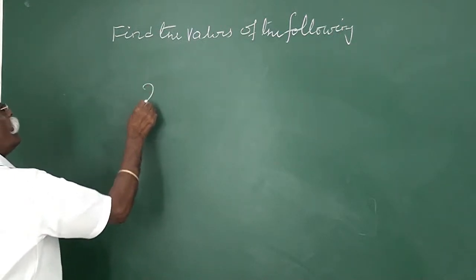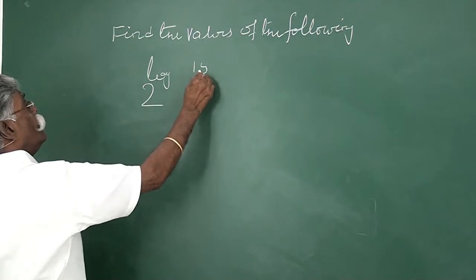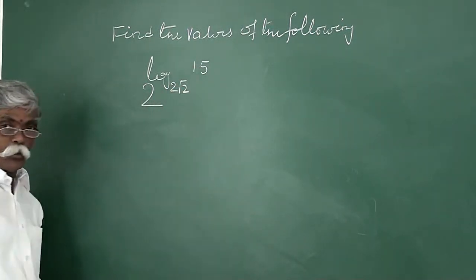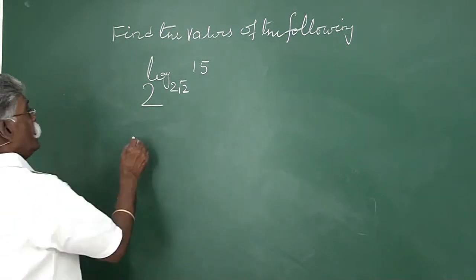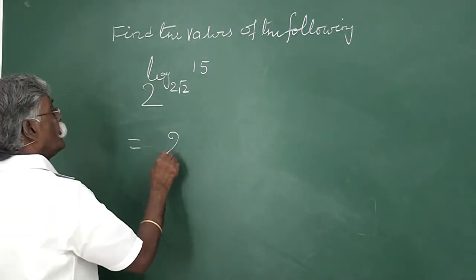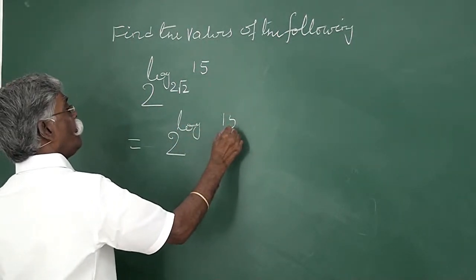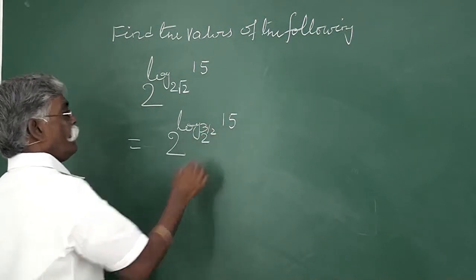So find the value of 2 power log of 15 to the base 2 root 2. 2 root 2 is nothing but 2 into 2 power 1 by 2. It is 2 power 3 by 2. Therefore this is equal to 2 power log of 15 to the base 2 power 3 by 2.